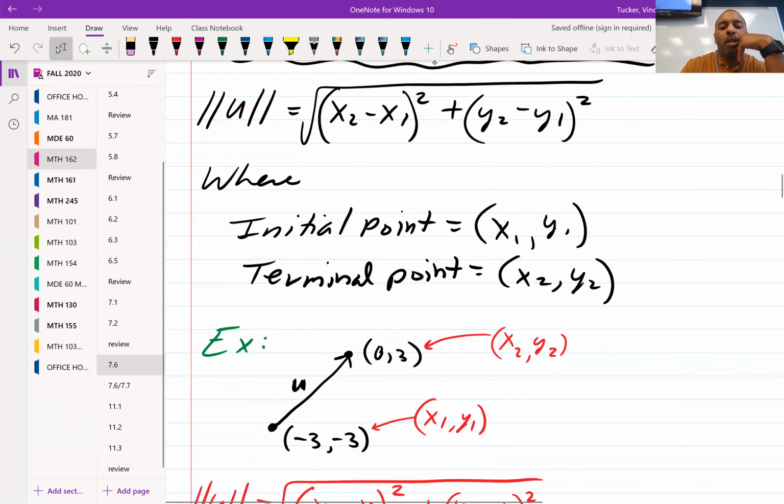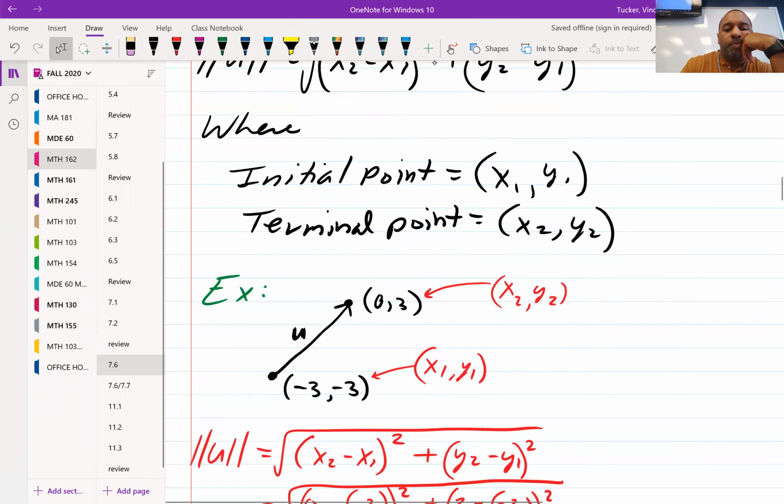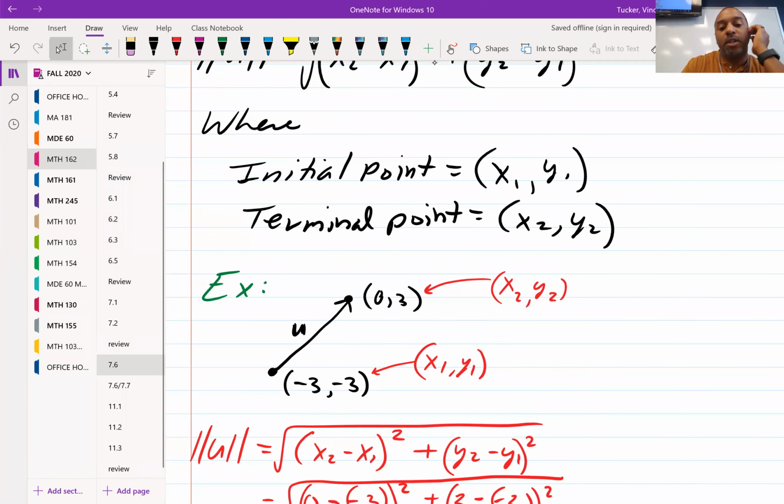Let's look at this first example under finding the magnitude. We have vector u, where our initial point is (-3, -3) and the terminal point is (0, 3).